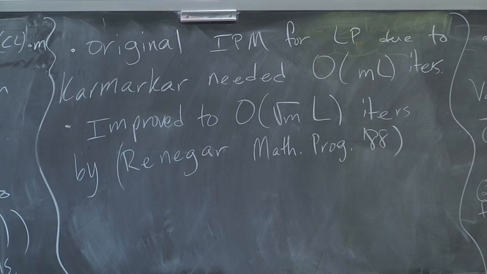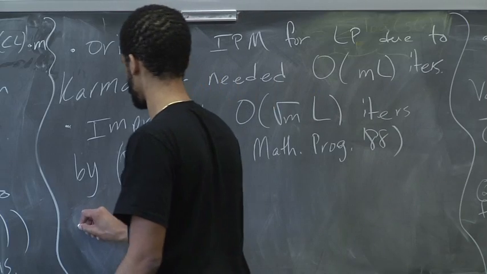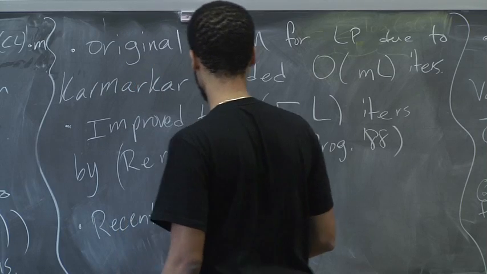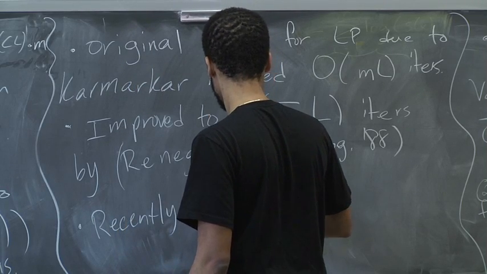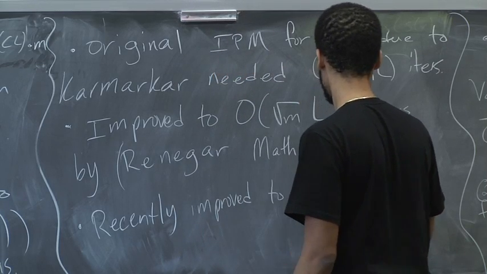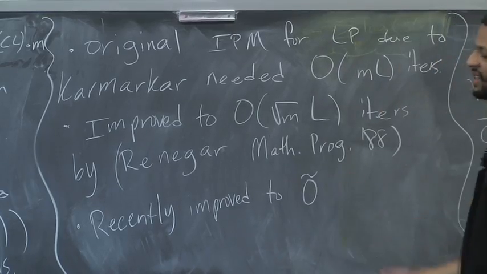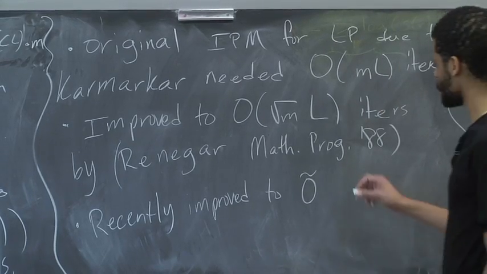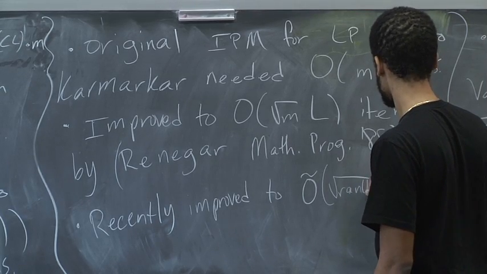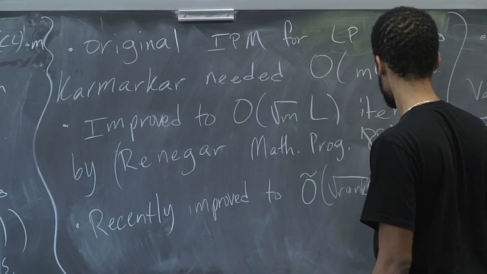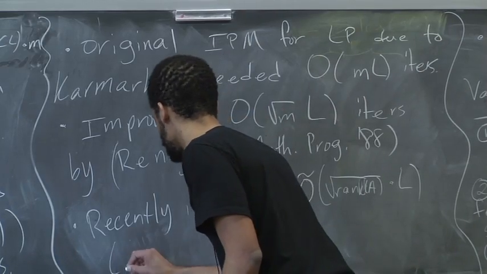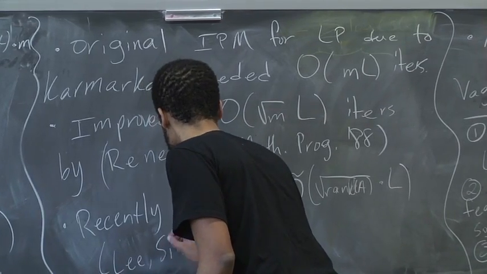Okay, and recently, improved to O tilde, so O tilde is hiding log factors, O tilde of square root of the rank of A times L. And this was due to Lee and Sidford.